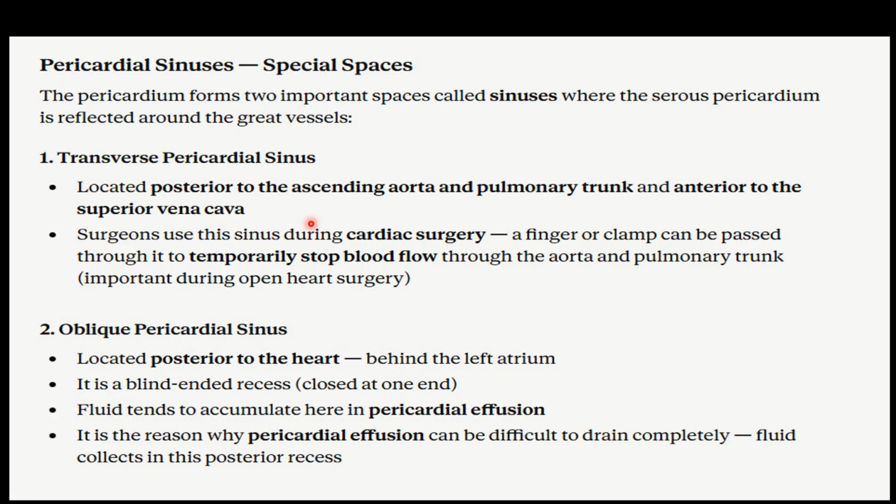So it is very important for surgery. Second is the oblique pericardial sinus, located posterior to the heart, behind the left atrium. It is a blind recess, meaning closed at one end. Fluid tends to accumulate here in pericardial effusion. This is also a tough situation because here we can't drain the fluid completely.